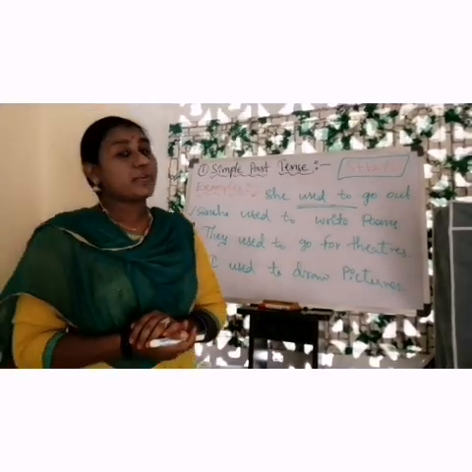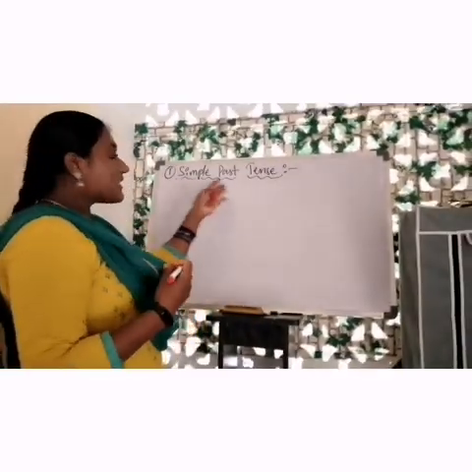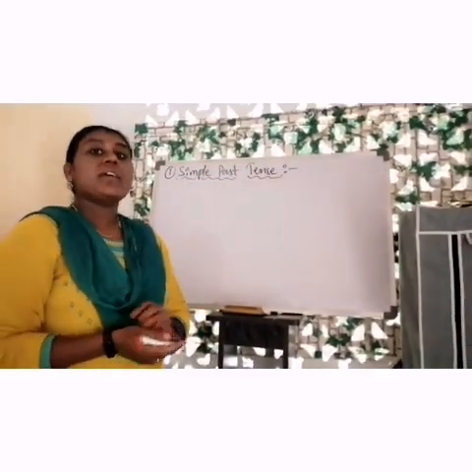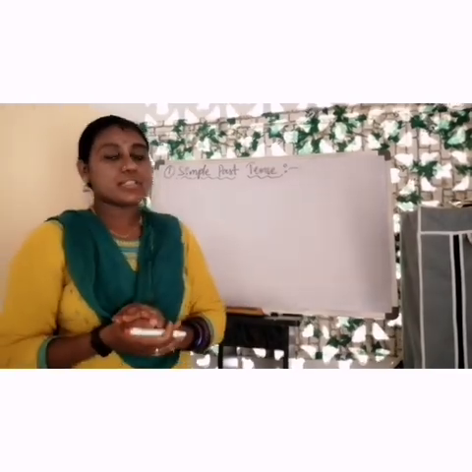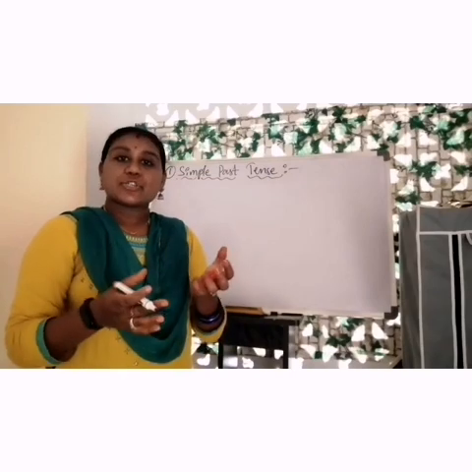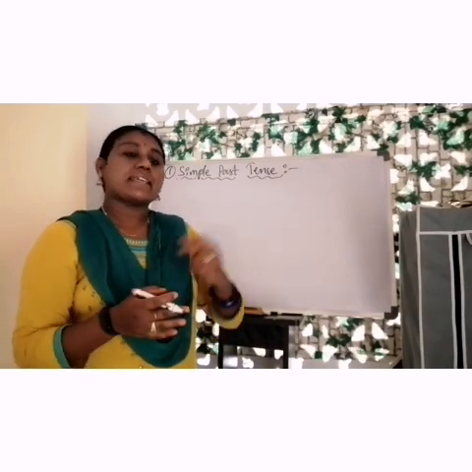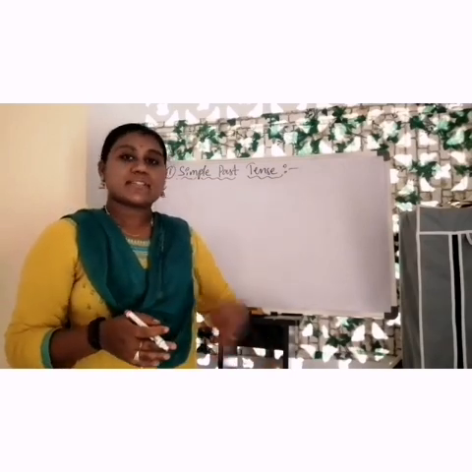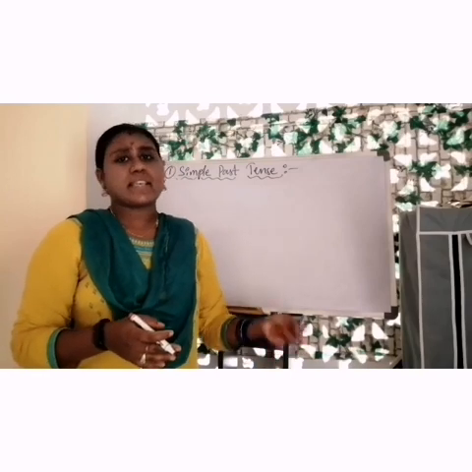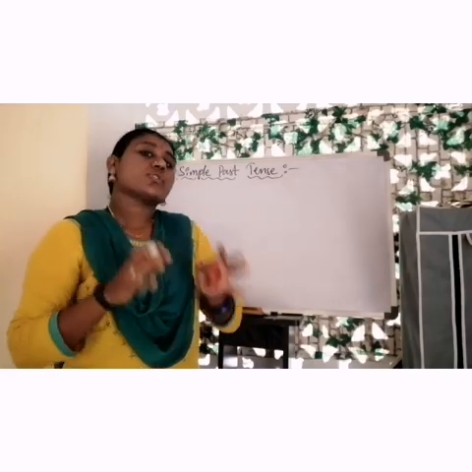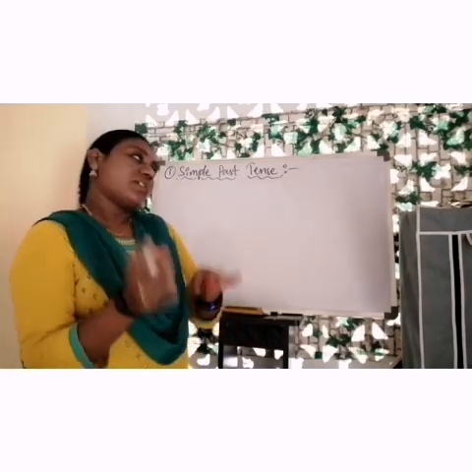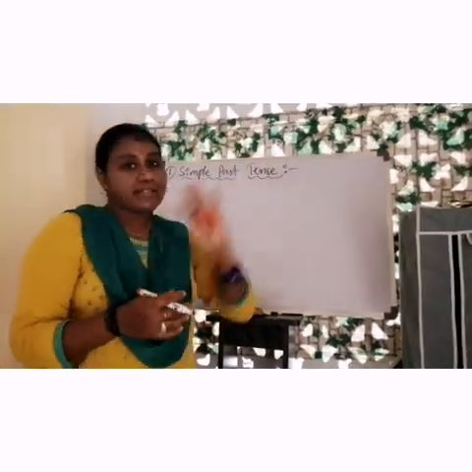I used to go for a walk. We use this simple past tense for past actions, the past simple actions, and not only that, the actions which were recently completed, like yesterday, day before yesterday, 1 week ago, 3 days ago, 1 month ago, last year, or recently. Such actions can be referred to under this simple past tense.